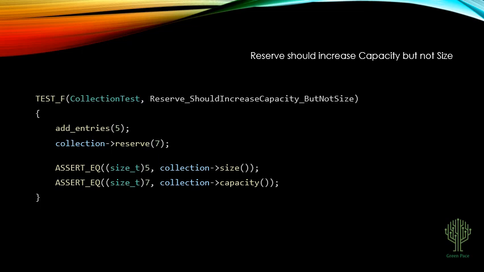So in this test, 5 entries are added to the collection, and then the reserve method is called with the value of 7. Then with the assertions, it is asserted that the value size_t of 5 is equal to the collection size, and that 7 is the collection capacity.